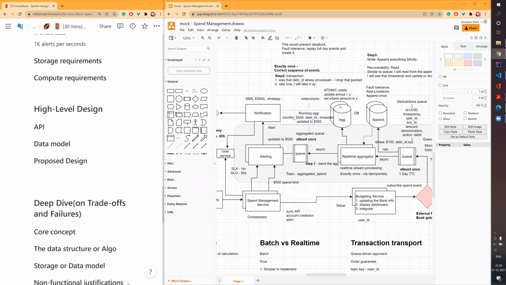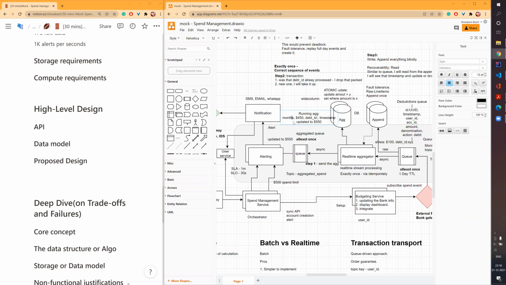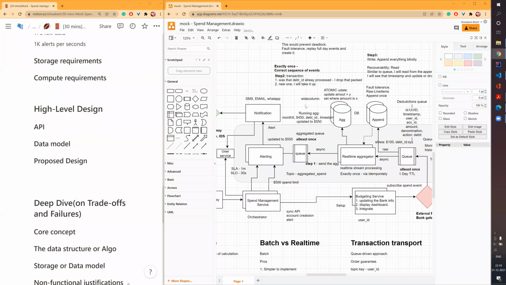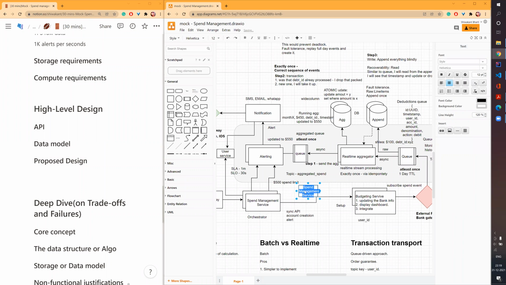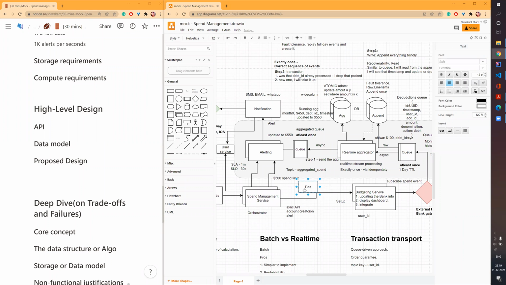Flush actually meant that once the month rolls, the aggregator will know that I am just aggregating for this month. So this is my baseline. If I have some dashboard here, it will somehow know. I know this will not cover all the aspects, but let's say there is some sort of dashboarding.